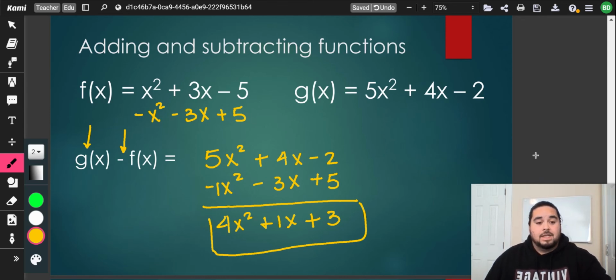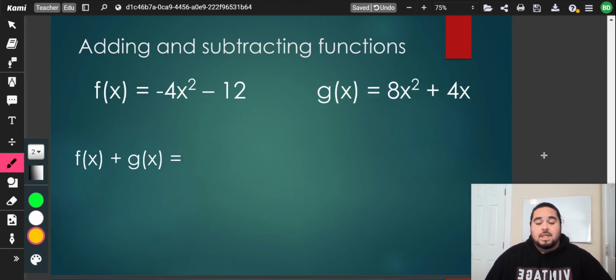Okay, next example. This is one where you have to look very carefully at the terms or the functions before you add or subtract them. So if you look carefully, f of x has x squared, but no x, and g of x has no constant term. So when we line things up, we got to be really careful here. So f of x goes first, negative 4x squared.